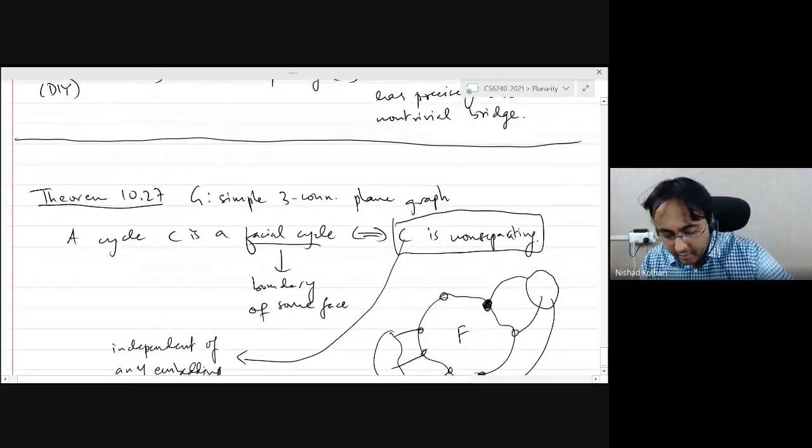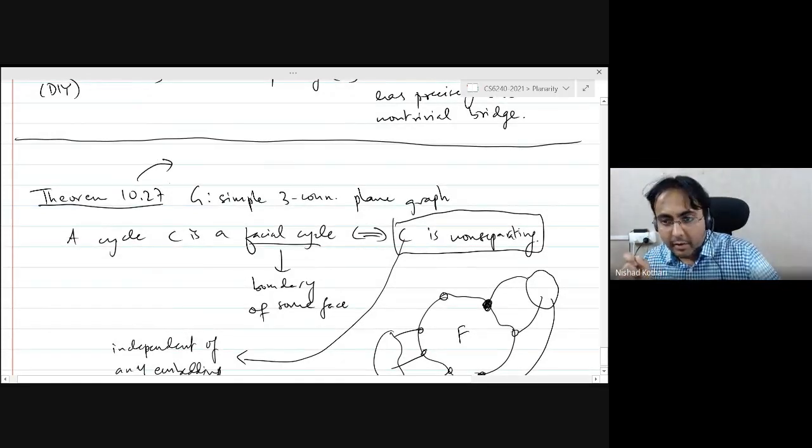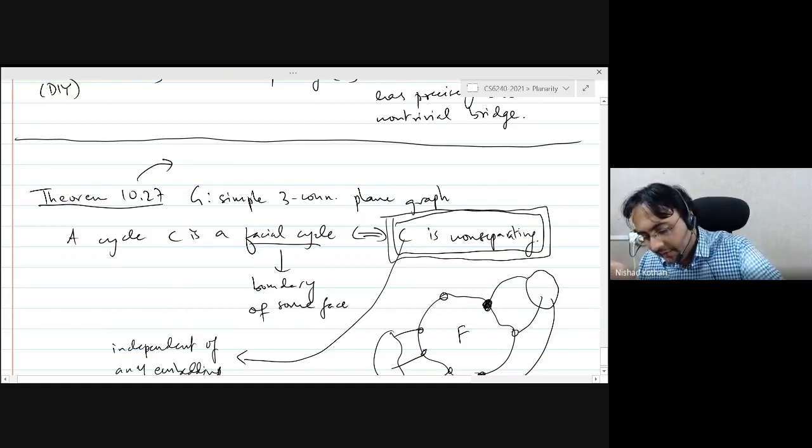So in particular, this tells you that facial cycles are exactly the non-separating cycles, which are defined graph theoretically and not topologically. And therefore, in any two planar embeddings, the non-separating cycles are the same, and these will be the faces of your graph, right? So this implies theorem 10.28.